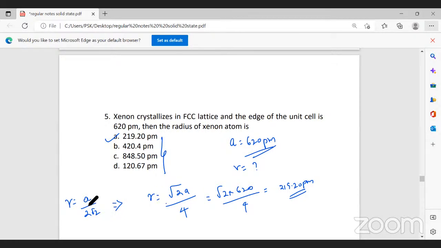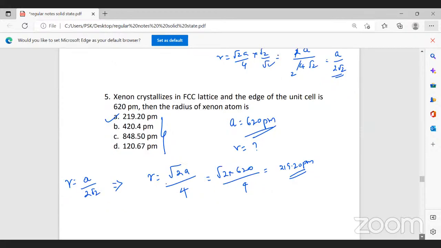If I multiply and divide root 2a by 4 by root 2, you will get 2a by 4 root 2. So this will get cancelled, therefore it will be a by 2 root 2. Both are the same. You can use any of the formulas. You should remember them so that you can work out the problem.